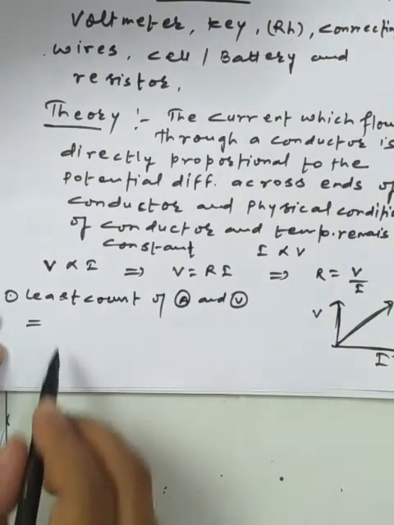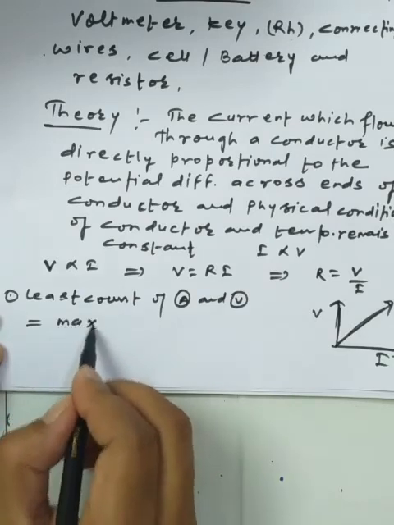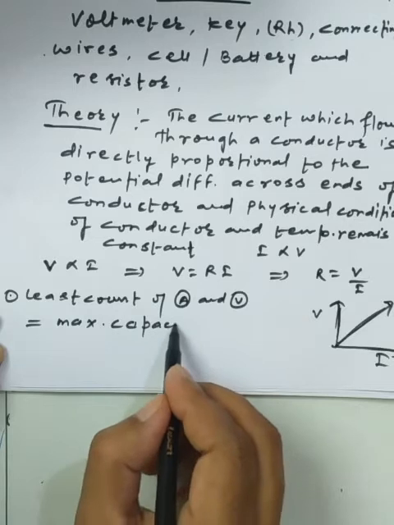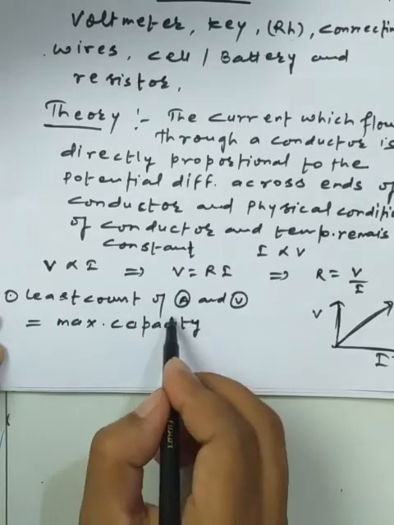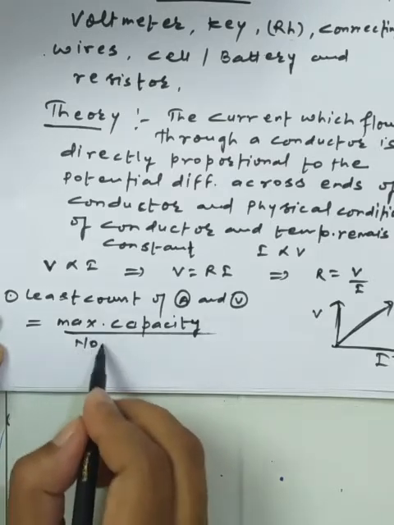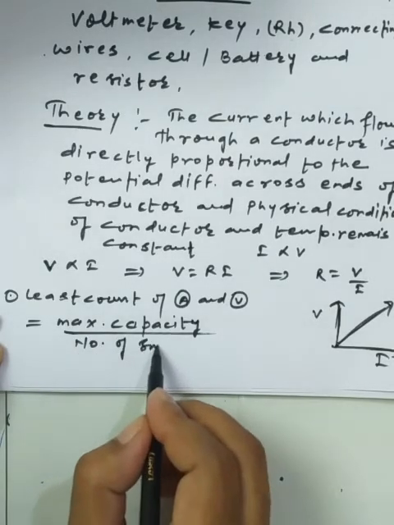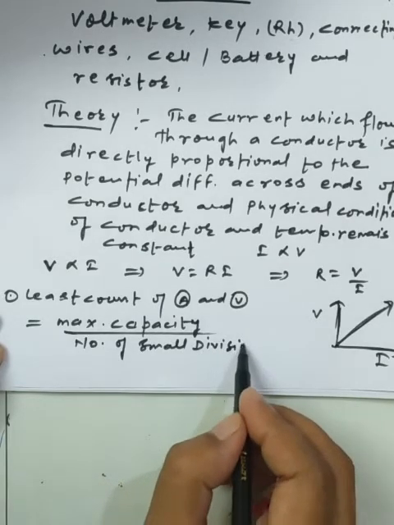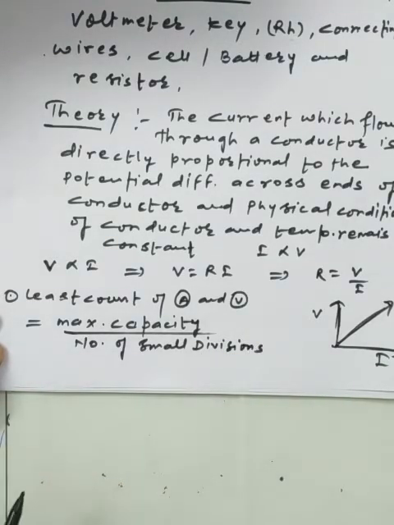The maximum capacity is to be divided by the number of small divisions. Okay, so this is the basic concept.